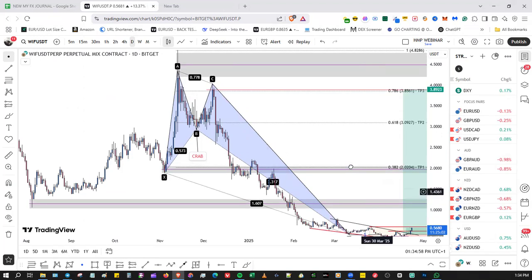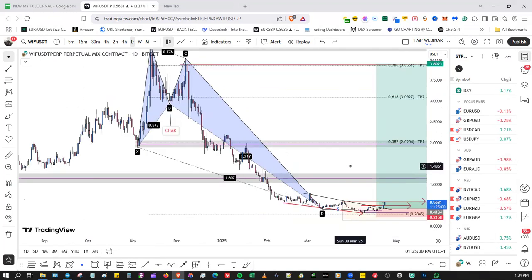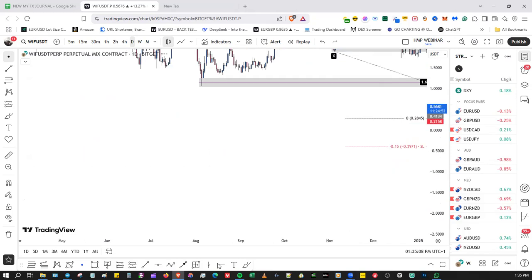It is the last structure before your potential reversal zone. I use horizontal ray to mark it out.